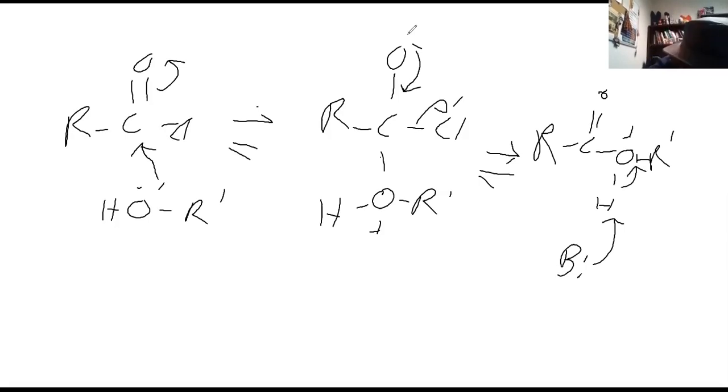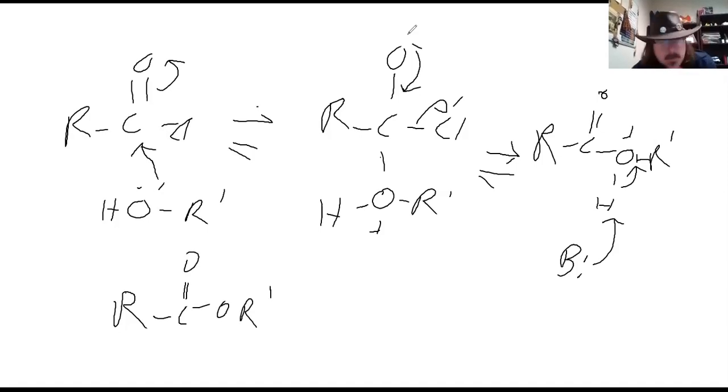Using the base helps stabilize this and helps kick this off to form our ester. So we're just looking at this. As you can see, it's the same general mechanism, just with a different reagent.